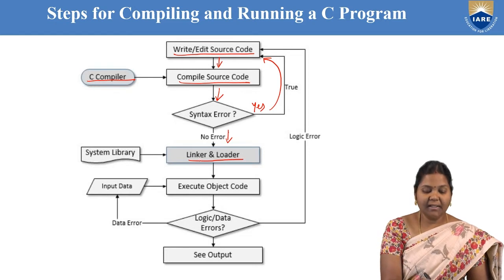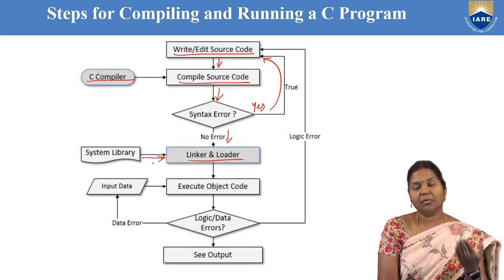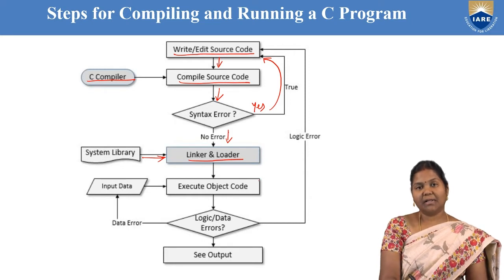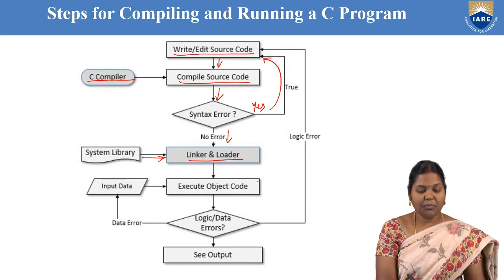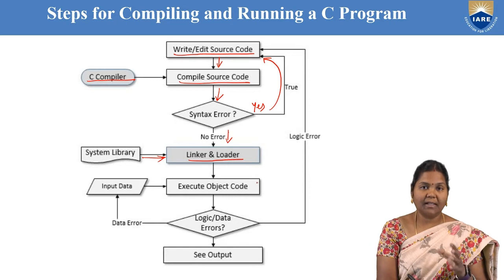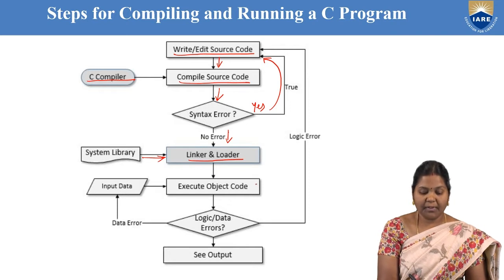The linker will link with the system libraries that you have used. Suppose you have used the standard input-output header file stdio.h or math.h. Whatever library files you have used, the linker will connect to them. That means the code of those header files will be copied to your program and loaded.